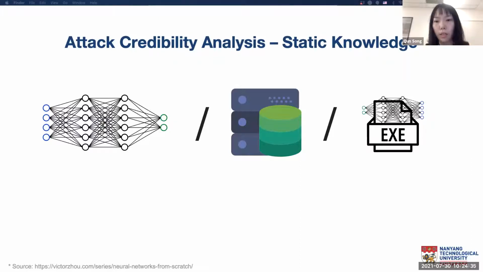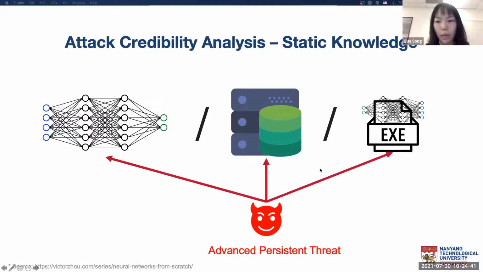And because these pieces of information are static, they can be obtained in the scenario of an advanced persistent threat. For example, the attacker may use social engineering against employees of the grid operator to obtain this static information. So preserving the confidentiality of the static knowledge of the power system is a very weak defense.